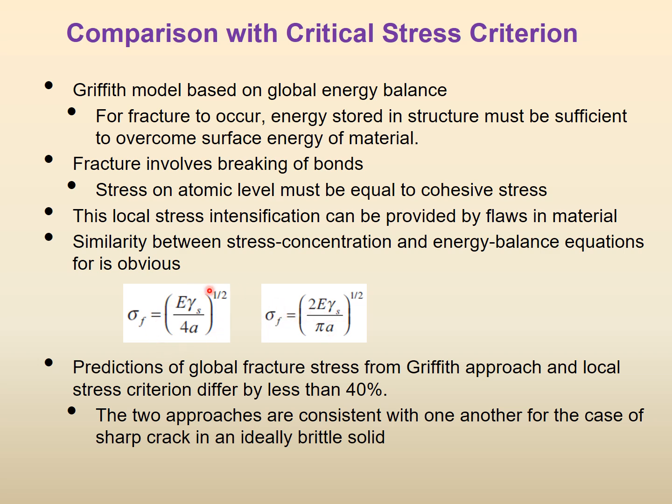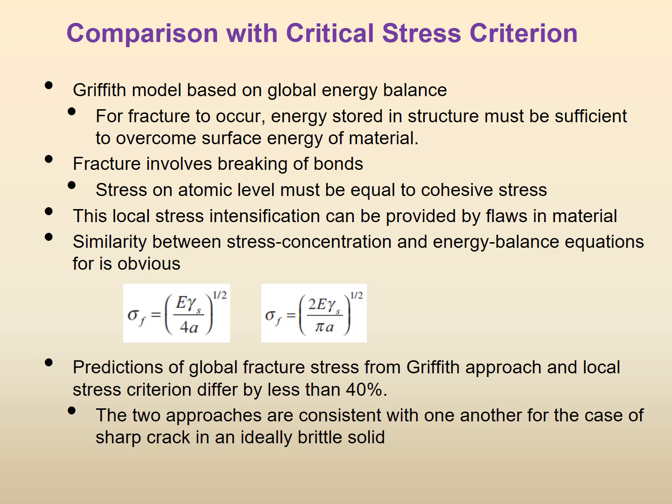If you take out the numbers, they are of the same order of magnitude but different. And you see, E is there, gamma s is there, a is there, the root is there. So predictions of global fracture stress from the Griffith approach and the local stress criterion differ by less than 40%. So the two approaches are consistent with one another for the case of a sharp crack in an ideally brittle solid. This is a big thing.